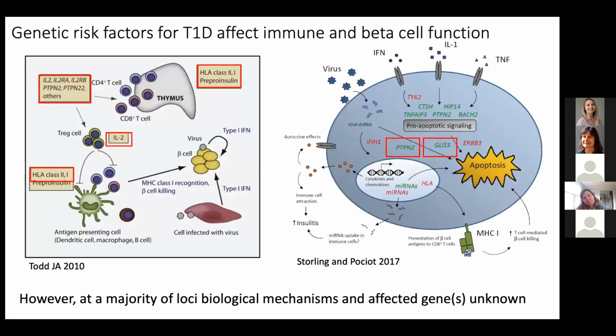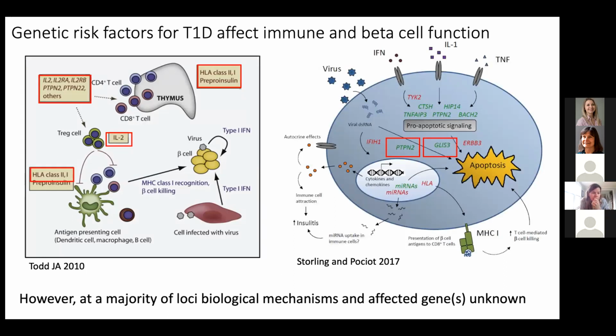Risk factors for type 1 diabetes, again, as Suna touched on, largely affect immune cell function, particularly genes that have been known for quite a long time in type 1 diabetes. Many of those affect immune cells, T cells in particular, and probably thymus function, and also antigen presenting cells.